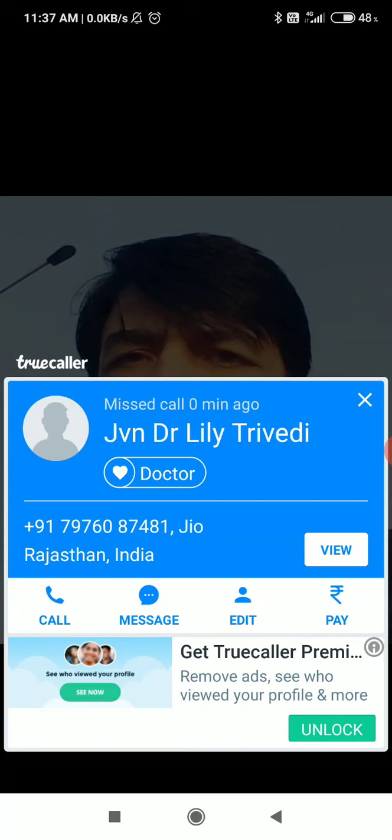Now we will discuss one by one the reabsorption and secretion in the proximal convoluted tubule.